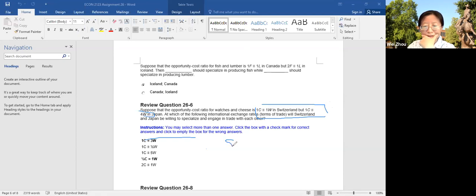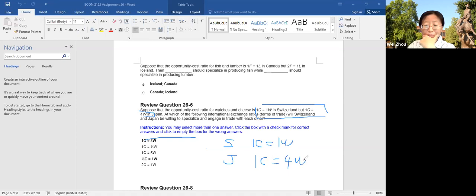So Switzerland, to make one cheese, they need to give up one watch. Japan, to make one cheese, it costs 4 watch.